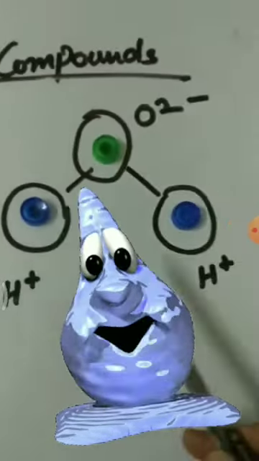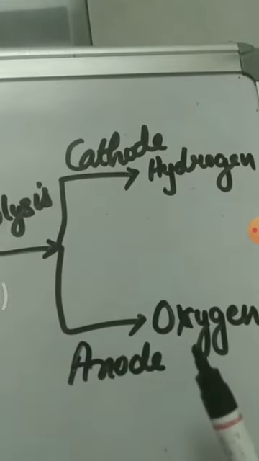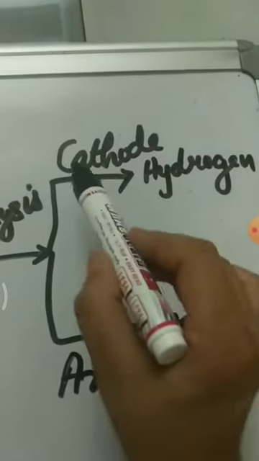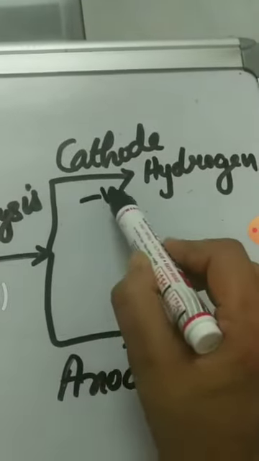In reaction form, we can write it like this. Water means acidulated water. Undergo electrolysis when electricity is passed through water, then at cathode hydrogen gas collected and at anode oxygen gas collected. Why hydrogen get collected at cathode? We know cathode having negative charge and anode is at positive charge.